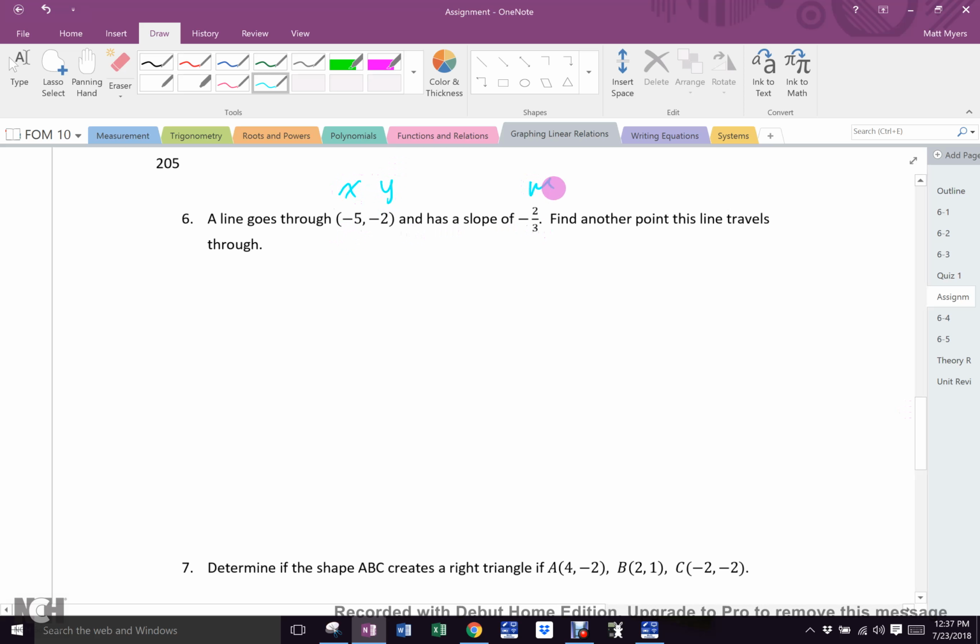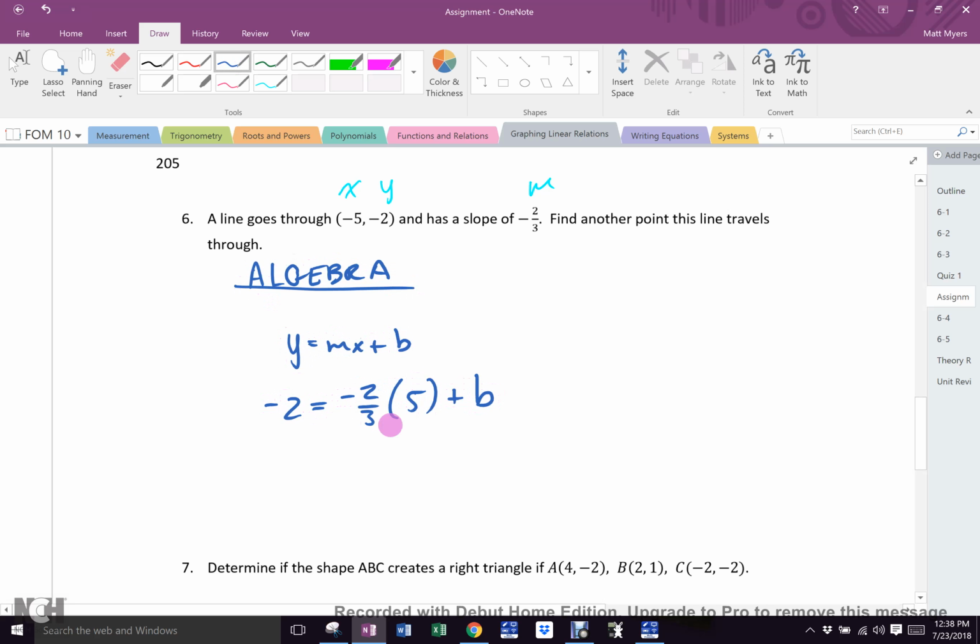We have, haven't we? What is it that we have seen that has that? If you were doing this with algebra, you could go y equals mx plus b. And you could put negative 2 equals negative 2/3 times 5 plus b. And you could find out what b was. Right? No, sorry, negative 5. Right? You could do that if you were using algebra.